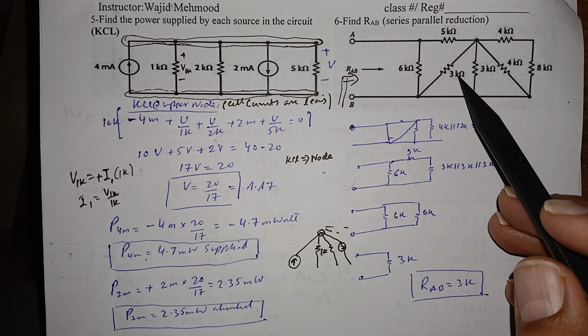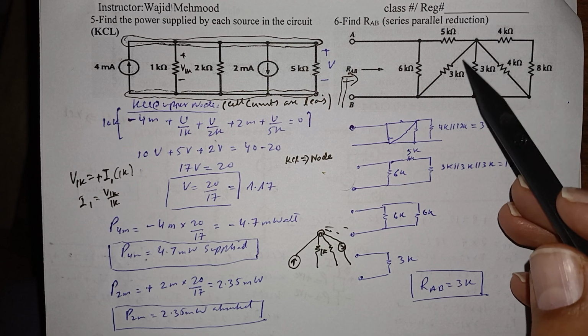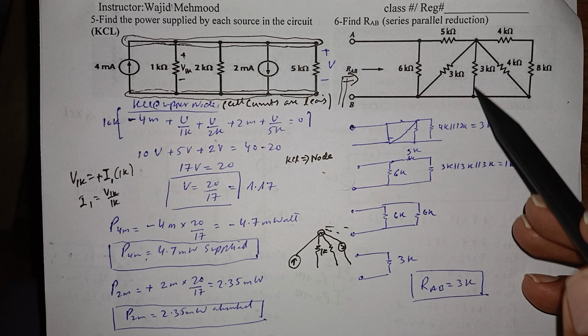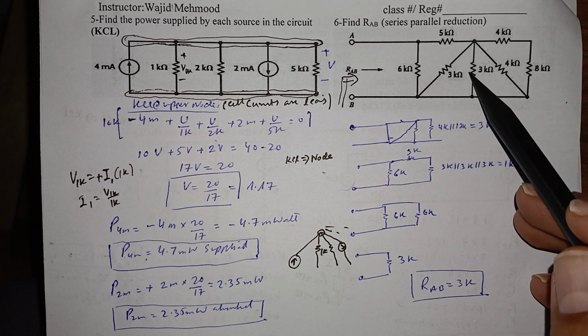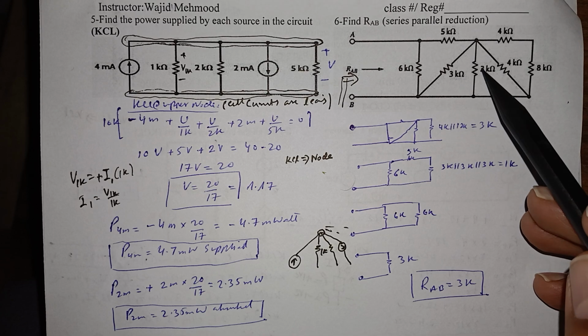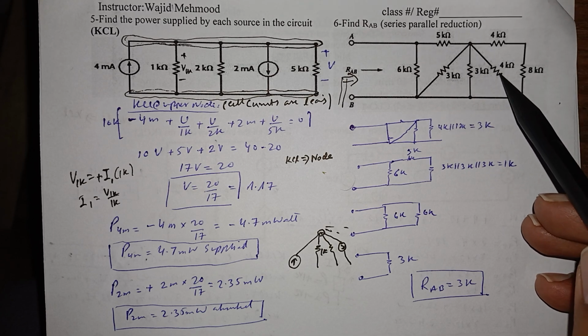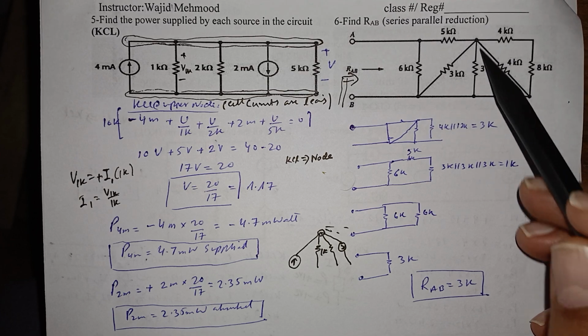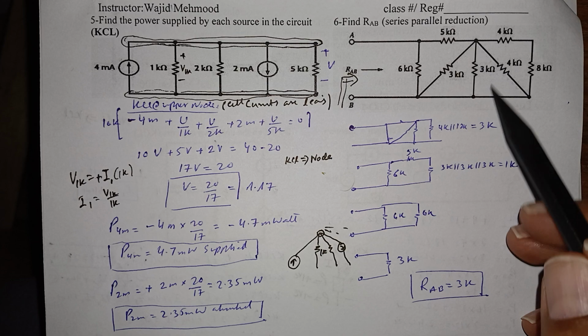This 3K and this 3K are between the same node pair, so you can reduce them and this loop would be gone. Similarly, this 3K can be reduced with this 4K if you want to start from here. They are in parallel and between the same node pair, so you can reduce that.